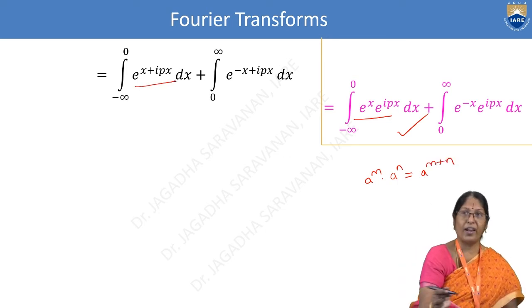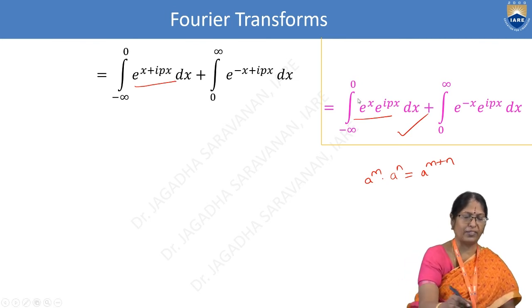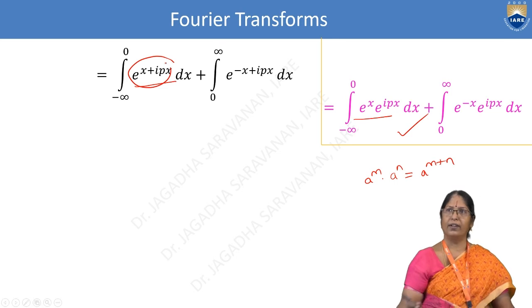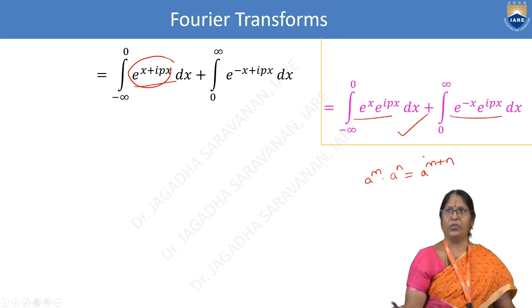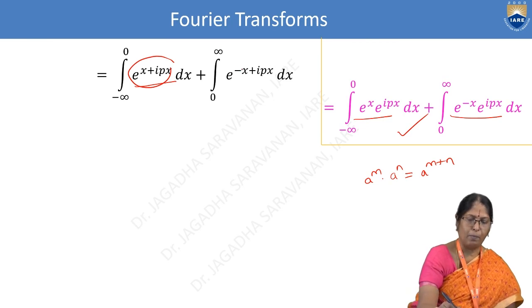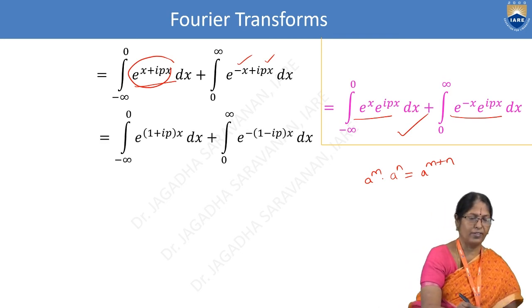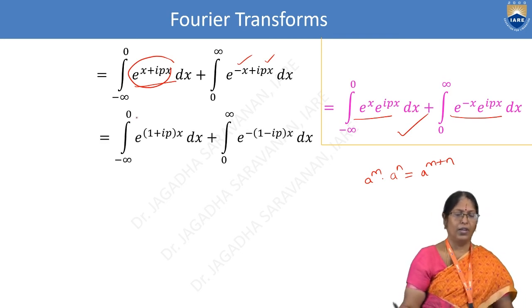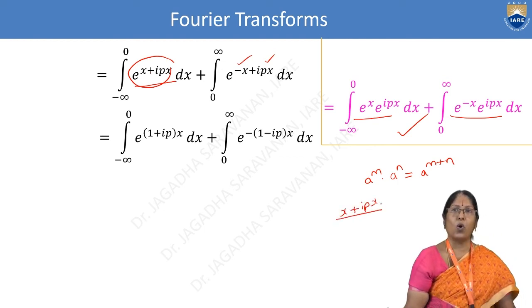So e power x plus ipx is written here. With the same law, e power minus x plus ipx is written. So minus infinity to 0. In both, x plus ipx, x is common.